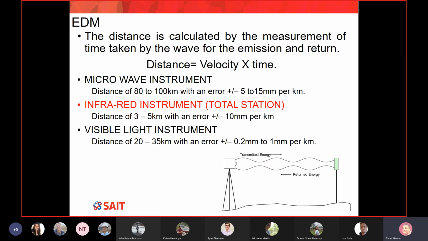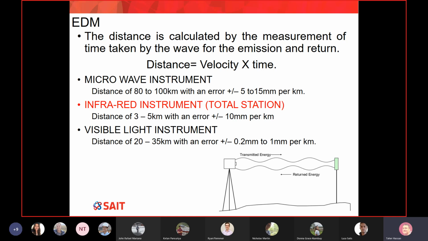Now, if you don't get what I said before, that's totally fine. Here is what I want you to know. The EDM, and EDM is probably not a new name for you. You heard the word EDM last year in your first year surveying course, and you heard this name again early in my class when we talked about the total station. One of the measurements of the total station is distance.